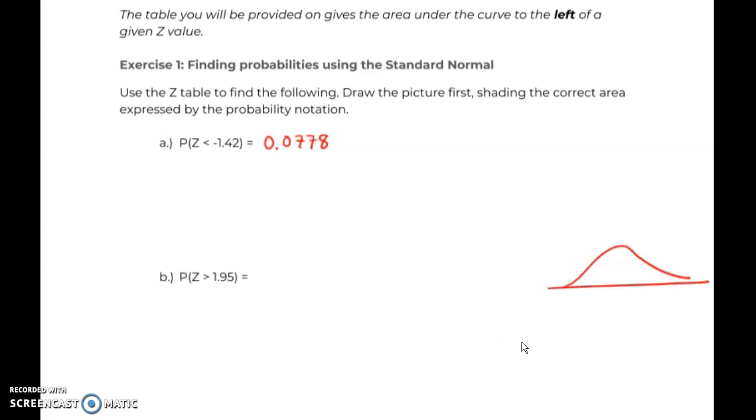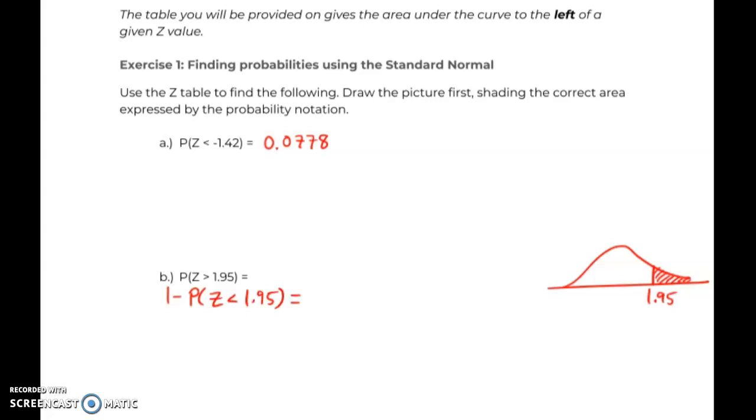So again, we already said when we're looking for the area to the right, which is the greater, we are first going to find the area to the left on our table, and then we're going to use the fact that our total area is equal to 1. So this is 1 minus the probability that z is less than 1.95.